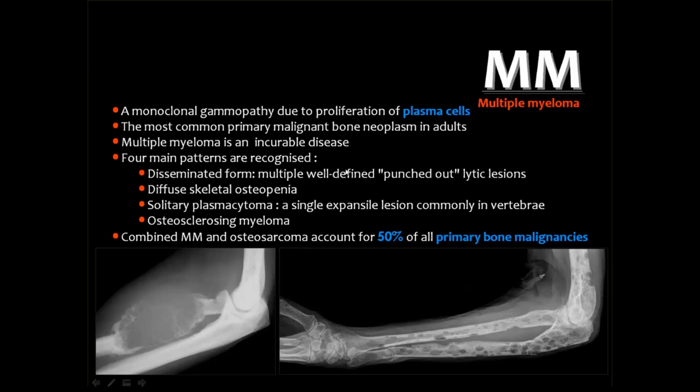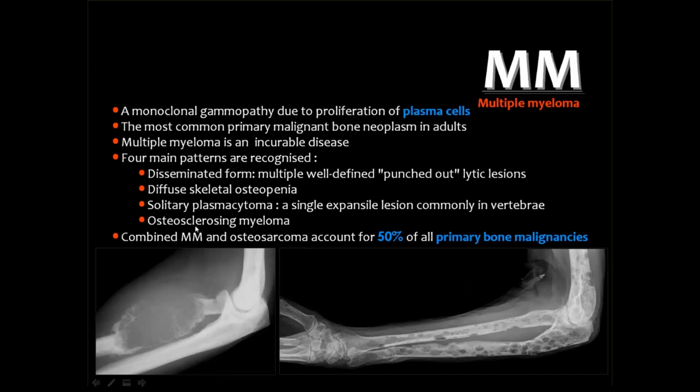We have four patterns of myeloma in the skeleton. Number one, the disseminated form in the form of multiple well-defined punched out lytic lesions. Diffuse skeletal decreased bone density. Solitary plasmacytoma, like this one, a single expansile destructive lesion, usually seen in the vertebrae but can also be seen in the long bones.